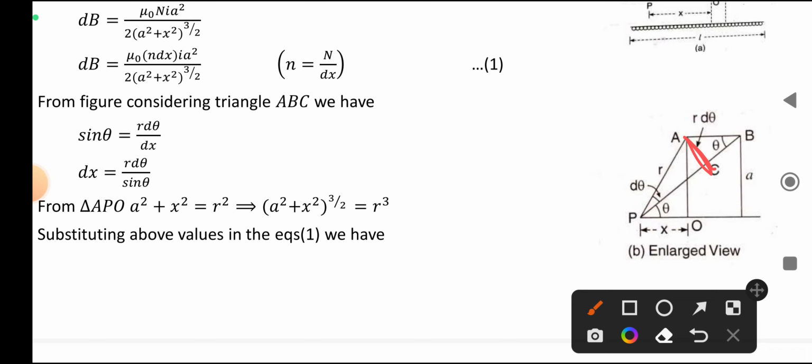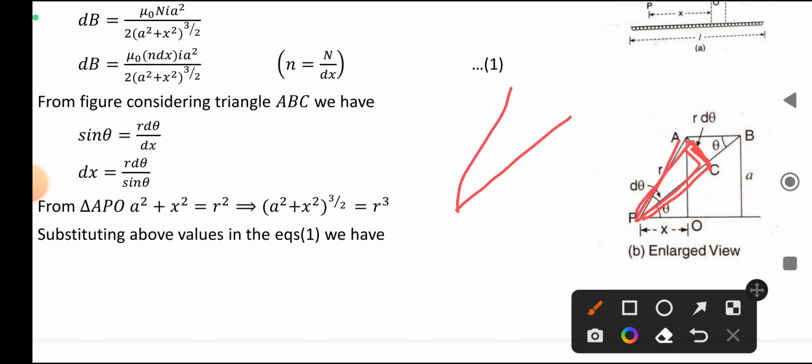Now apply sin theta to the triangle ABC only. Consider this triangle.